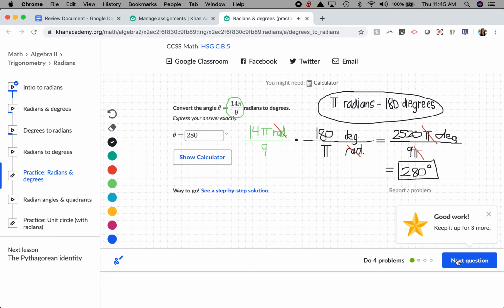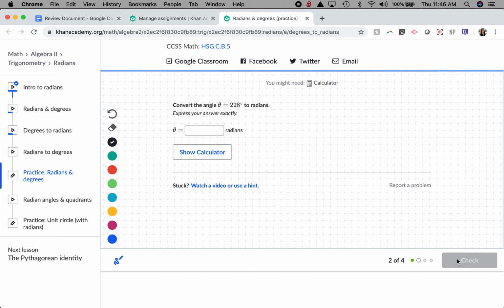All right, let's try another one. Okay, now this problem is going backwards because we are converting the angle theta equals 228 degrees to radians. First thing I want to do is make sure I have my conversion factor written down.